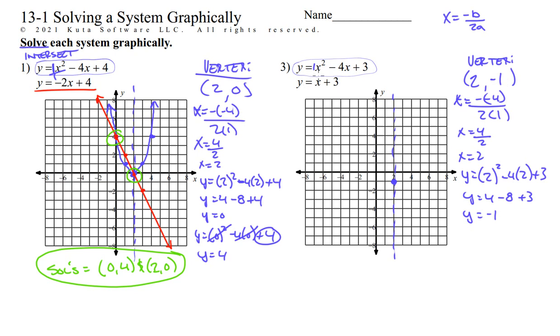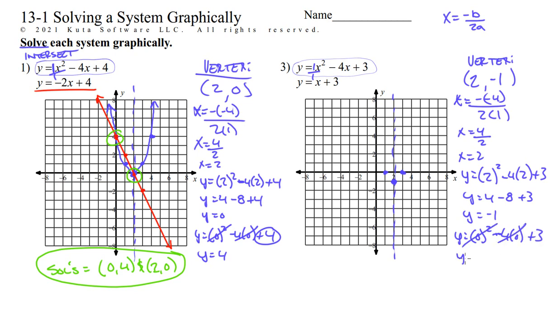To find our next points, we're going to use this 1 in front here: up 1 over 1, up 1 over 1, up 1 over 1 the other way. Then we can plug in either 0 or 4. If we plug in 0, that's going to make our life a little bit easier. y equals 0 squared minus 4 times 0 plus 3.